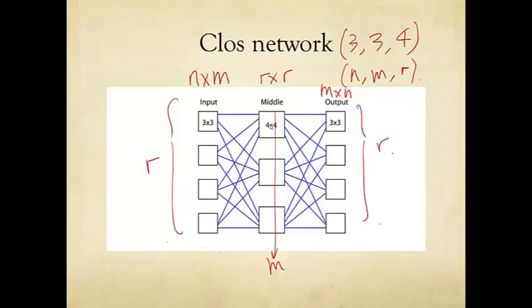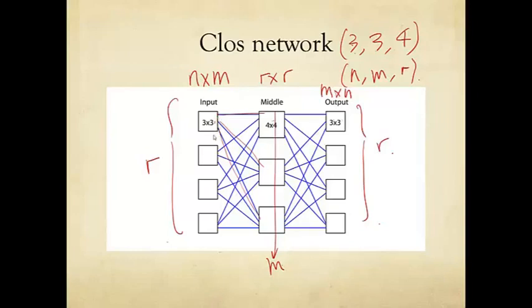Now, what about the connectivity pattern among these small switches? Basically, each output port from each input switch is connected to each of the middle switches. That's why there are m of these middle switches, because you need one for each output port of each input switch.